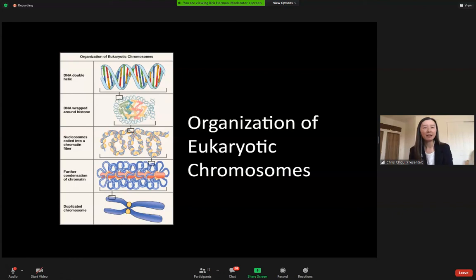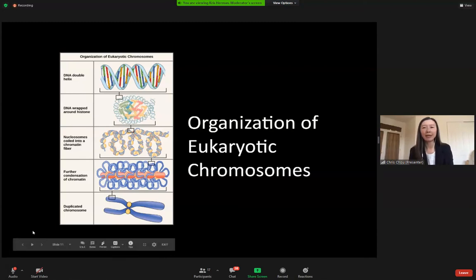And then finally, at the very bottom, it shows you chromosomes, which are visible under a microscope when cells are getting ready to divide. So those chromosomes are totally packed up together and the DNA has been replicated at this point. So what you're seeing at the bottom here is a duplicated chromosome.